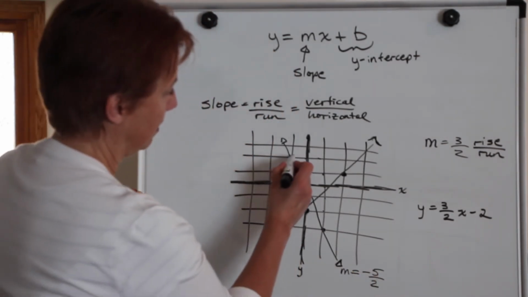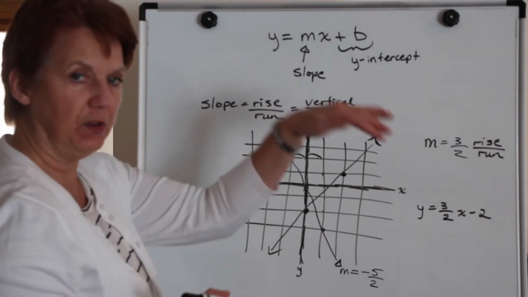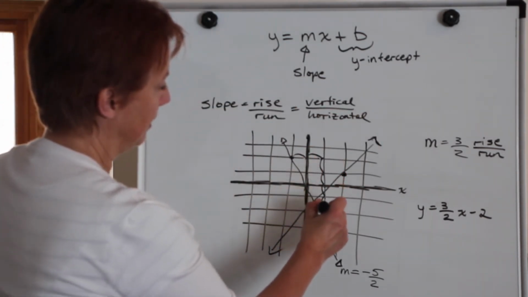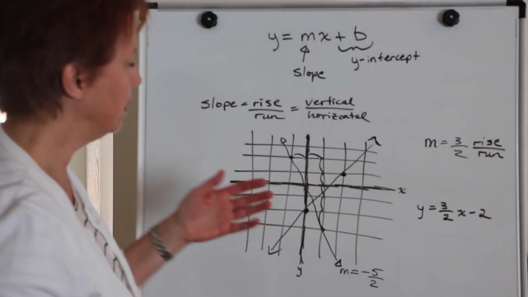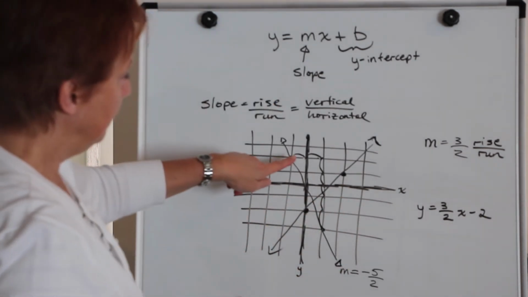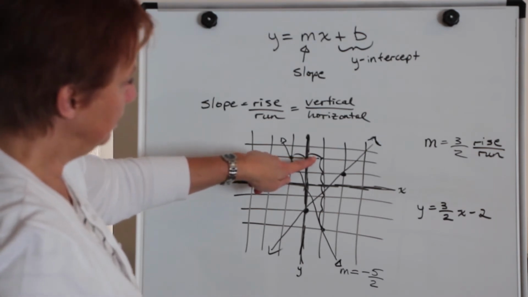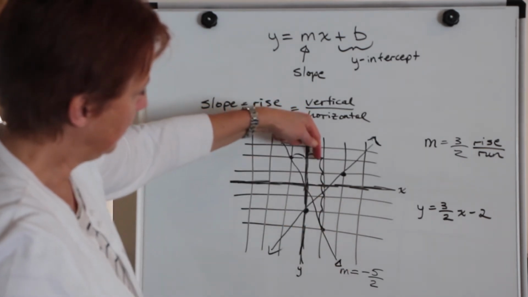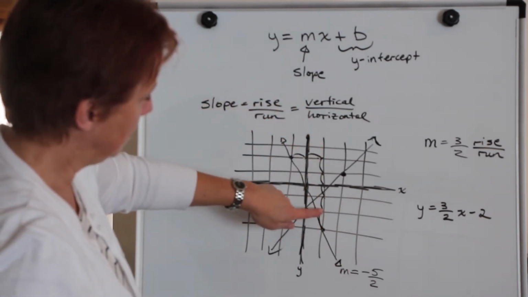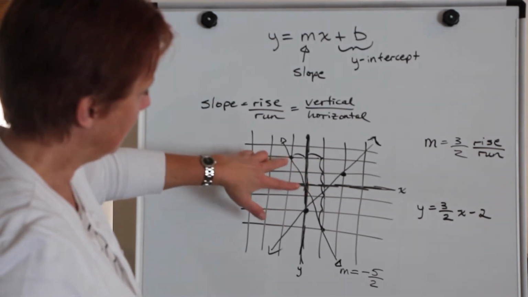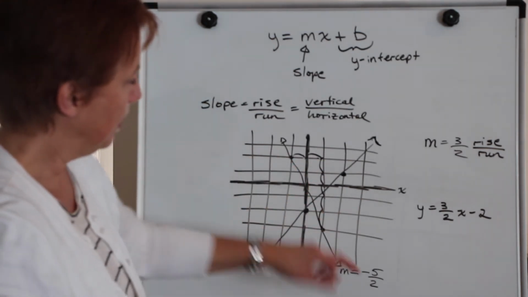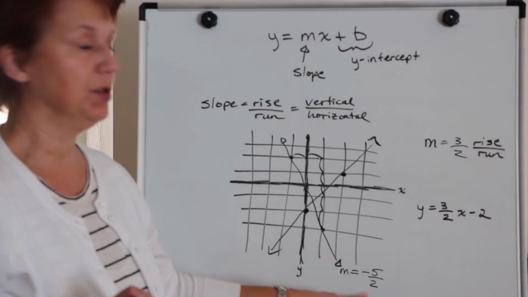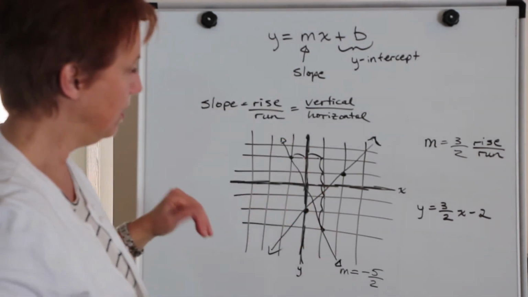Remember we had a run of 2, and this is why I like the word vertical, because I'm not rising here, am I? I'm falling, I'm going down, so it's not really rising. But it's a horizontal movement of 2, the run goes in the denominator, and we've got a vertical movement of 5 units, 1, 2, 3, 4, 5, to get from that point to that point. Because it's falling, we have a slope of -5 over 2, because as x increases, y is decreasing.